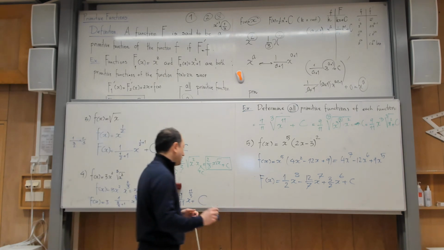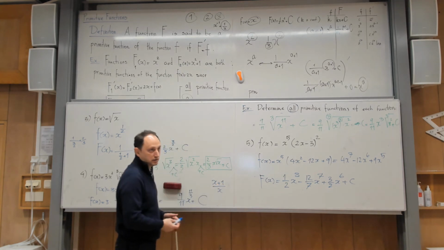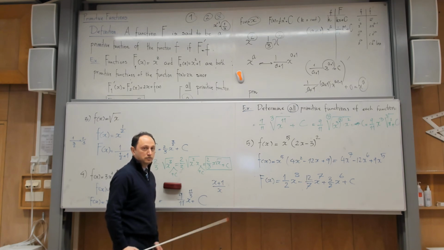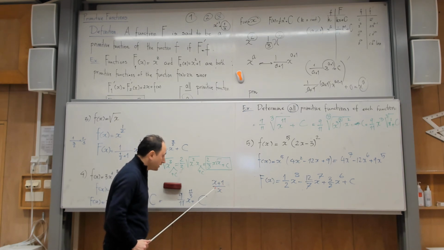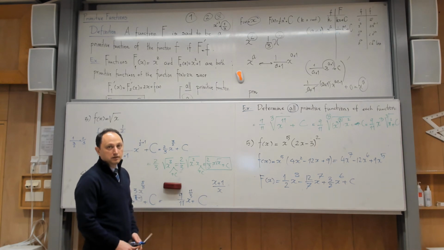For example, if I give you this, can you differentiate this? Still you don't know the fraction rule, but it is possible that you do it in Math 3C. Do you remember how? If I ask you to differentiate this, how do you do that? Yes?